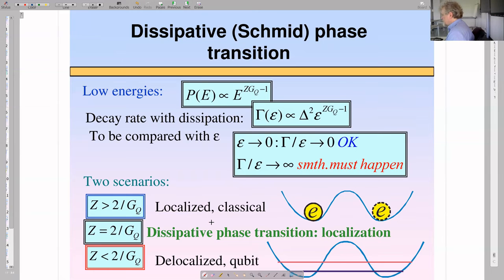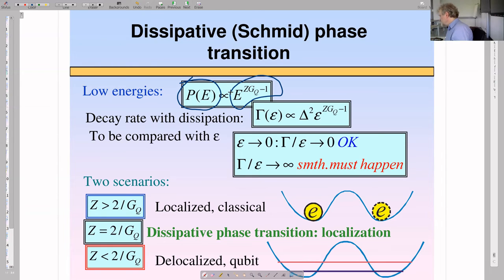First of all, how can I see that this transition does occur? I will invoke the formula for the probability to have energy loss in the case of an ohmic environment, which we have obtained previously. This is a power law function. The power does depend on the impedance.